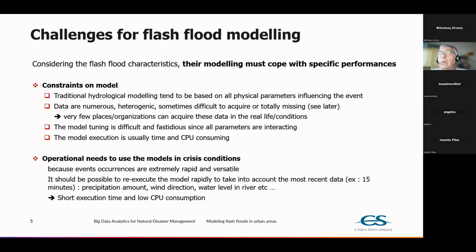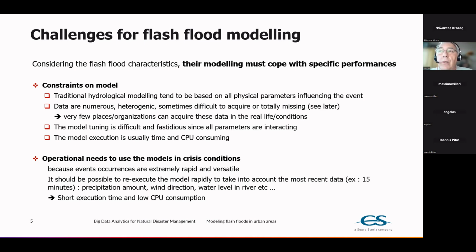And if you have a forecast 24 hours before, there's a good chance that it is not precise enough, or it turned out to be wrong 24 hours later.